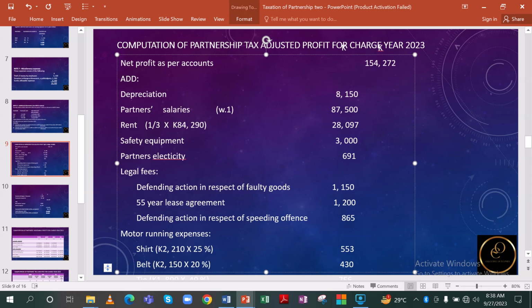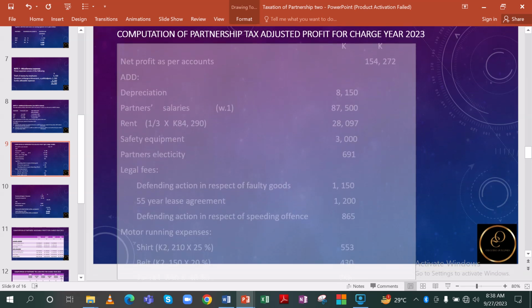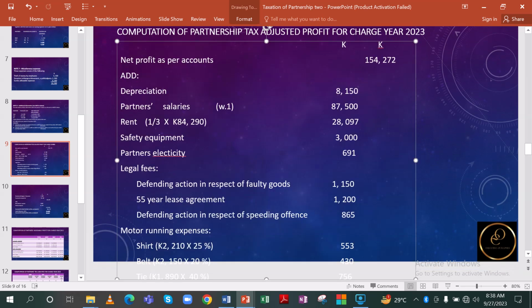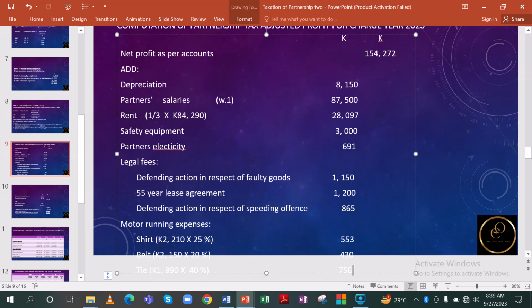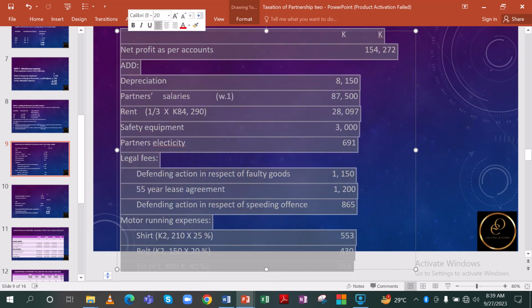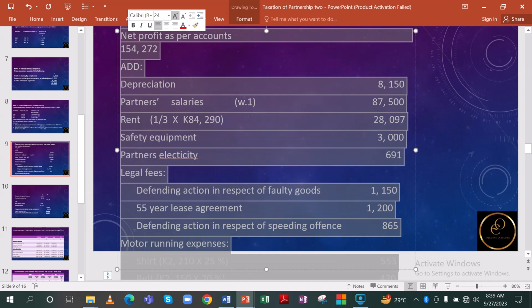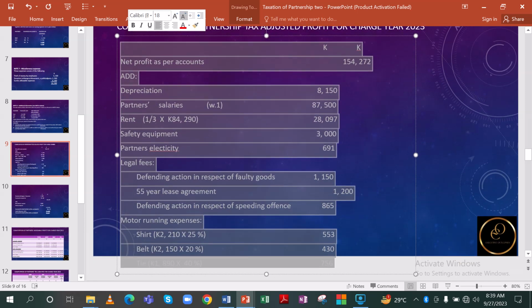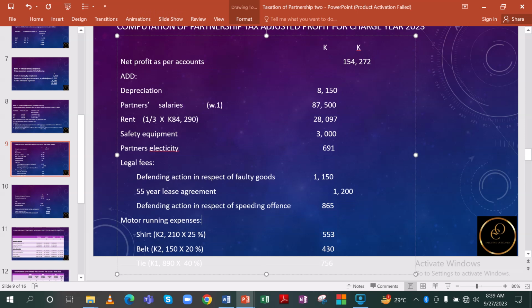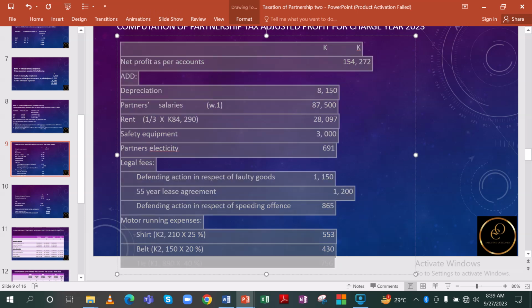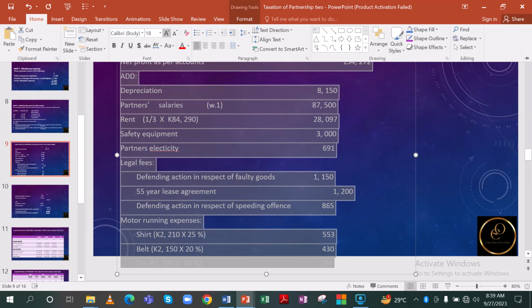Then we come to the other one, that is Ty. Ty used the car 60% for business, meaning the other part for Ty, let me just make an adjustment to this one, which is still not showing.